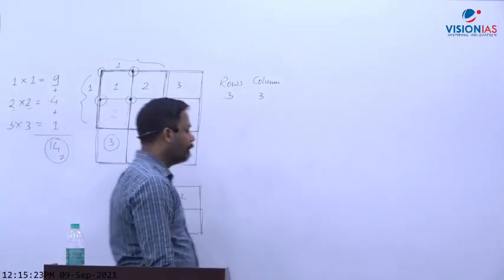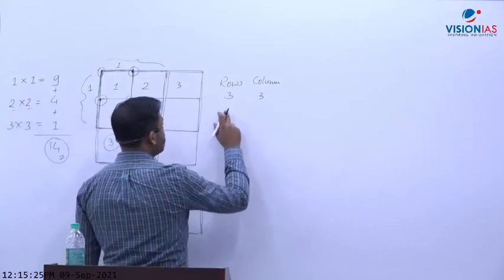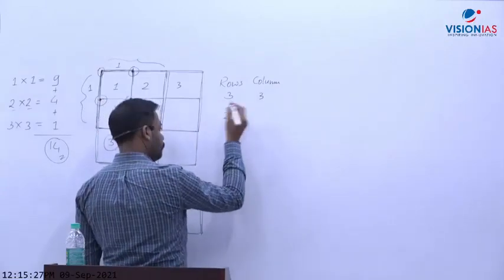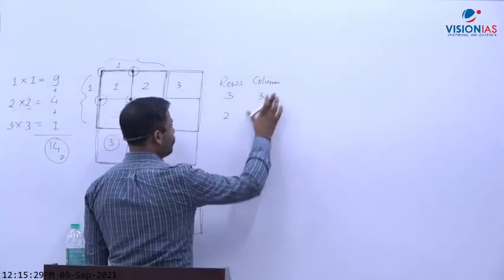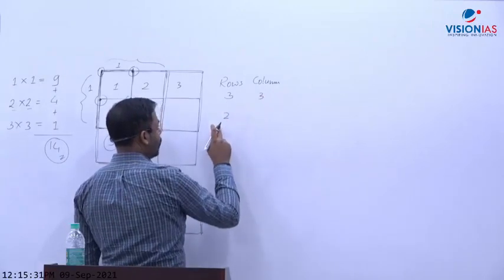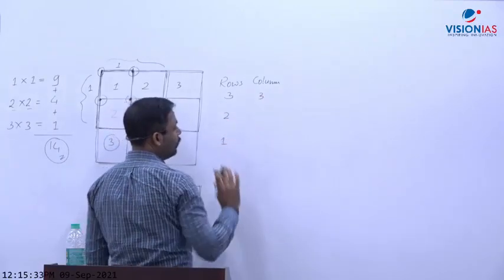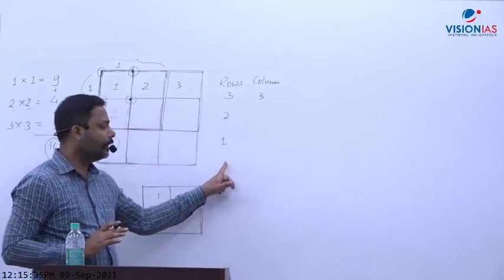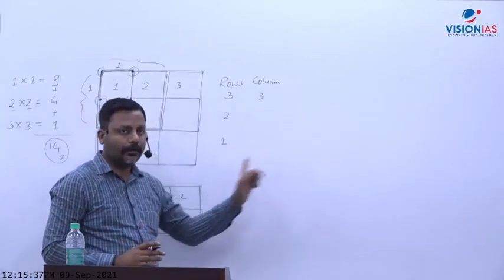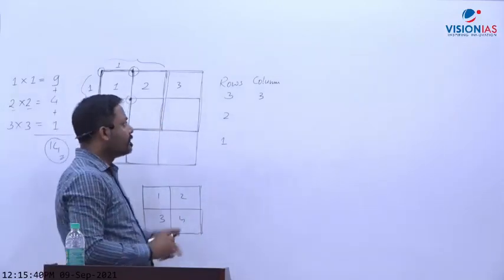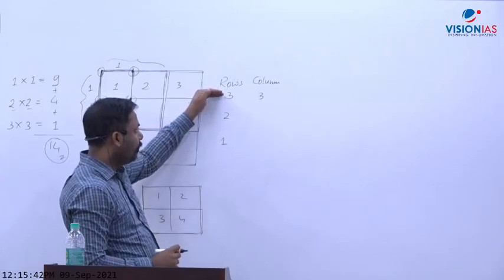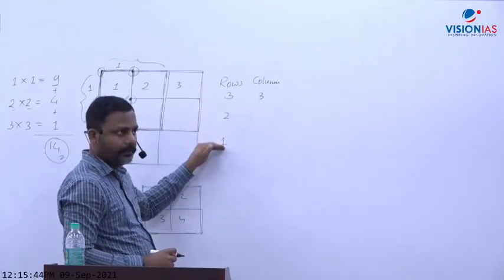So now what we will do? We will start deducting 1 from it and just note it down. Deduct 1 and note it down till we get 1 in any of the sides, either row or column. So we will start deducting 1 from 3. 3 minus 1, 2. 2 minus 1, 1. Okay.